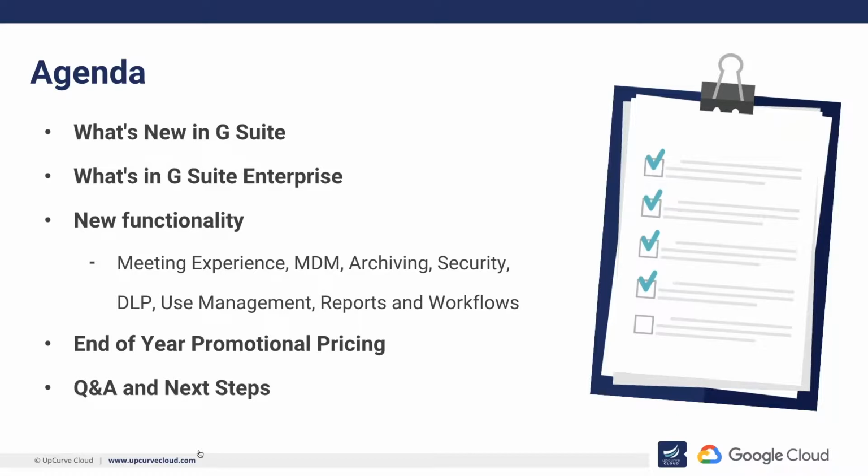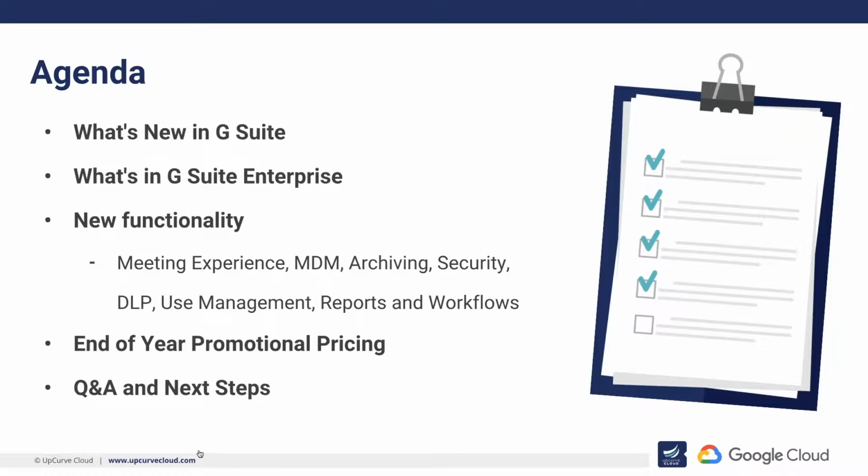The agenda for the webinar today is we're going to spend a little bit of time, 2 or 3 minutes, just talking about some of the new features that are in G Suite, regardless of which license type you have. These are some of the new features that you may have already noticed being rolled out or will be rolled out in the near future.